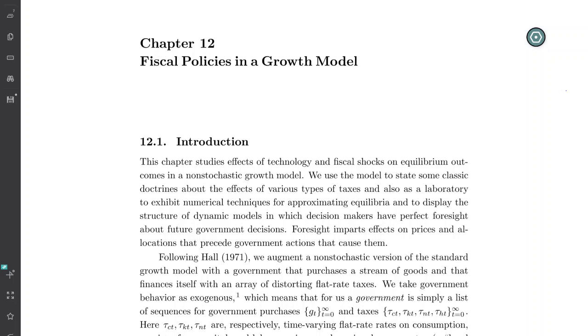And we're going to have a government that has to raise some revenues in order to finance an exogenous stream of government expenditures. So we're going to add to the model an exogenous stream of government expenditures, which we're going to fix.